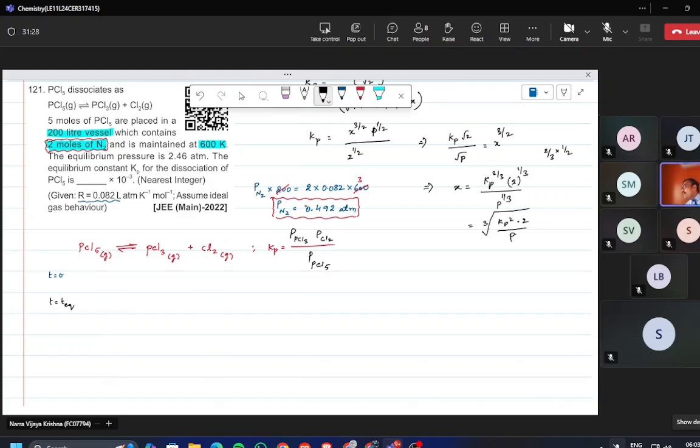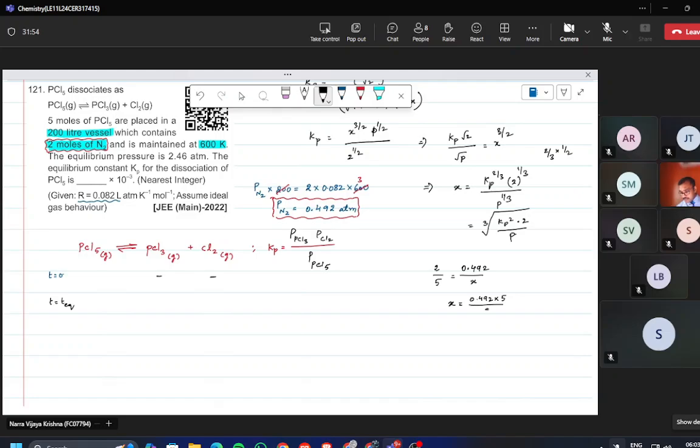Then 5 moles will create how much pressure? That's what I am calculating, only PCl5 initially. 2 gives a pressure of 0.492, then 5 gives X. So what is the X value? 0.492 into 5 by 2.